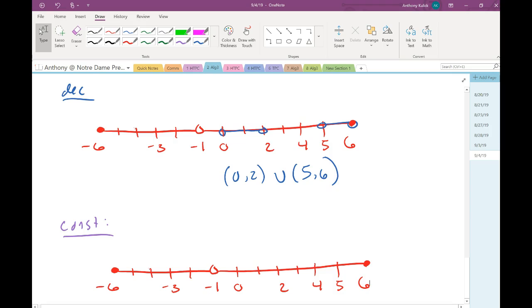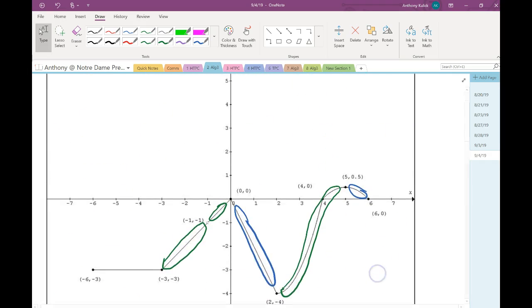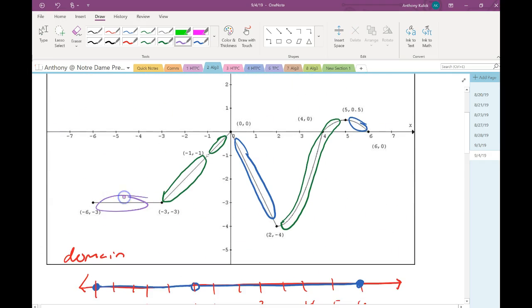And then the constant, I'm going to do in the purple. So I'll go back and look at my graph one last time. And I notice that I have this flat section here that goes from -6 to -3.